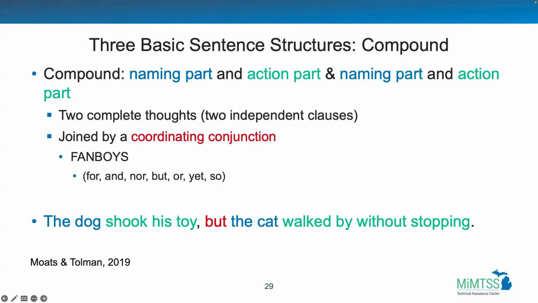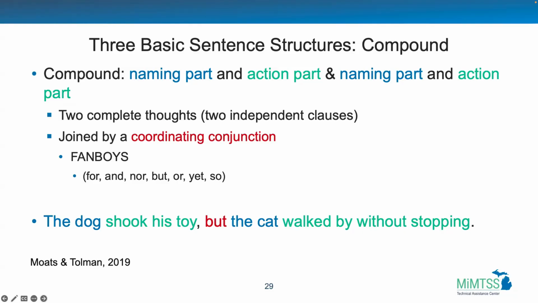A compound sentence structure expresses two complete thoughts. So we have two subjects and two predicates. And that is going to be joined by a conjunction. And the acronym FANBOYS is often used to describe these conjunctions: for, and, nor, but, or, yet, so. So we have two complete thoughts. So we have two naming parts and two action parts.